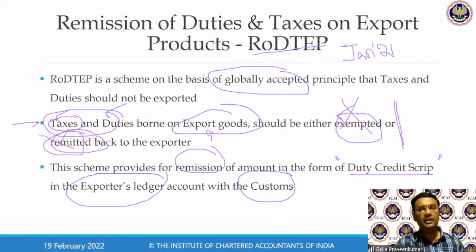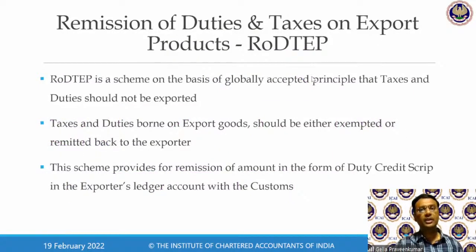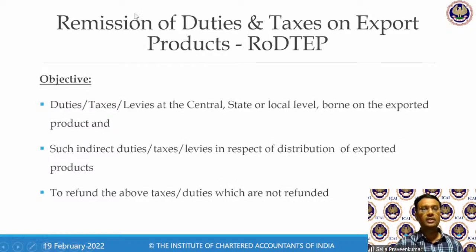Let us continue with our discussion on RODTEP. When this scheme was launched in January 2021, the government had a very clear mandate. This was one of the pressures, or a kind of motive, for implementing this concept in India because of global trade practice.